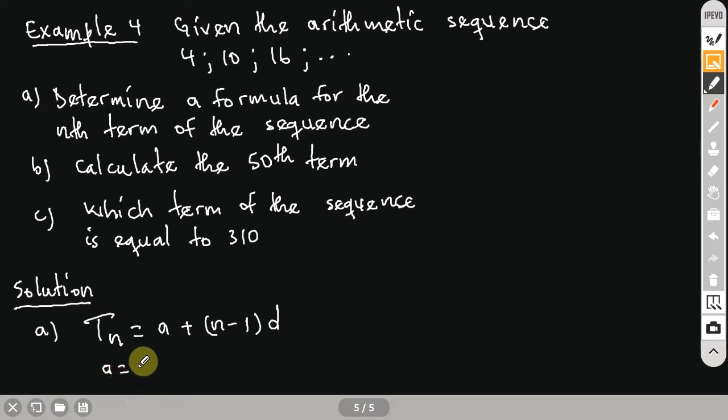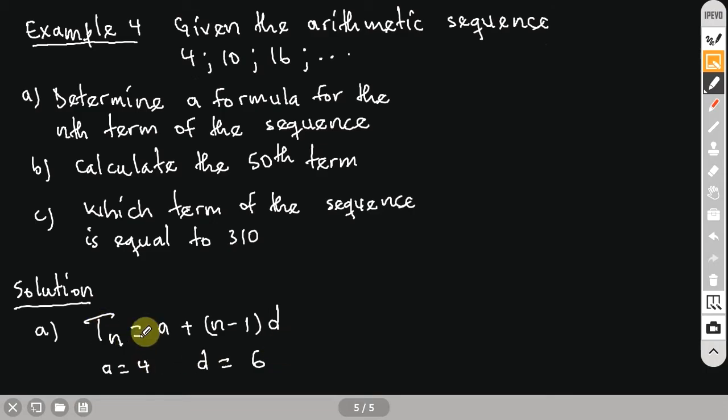To find D, we take the next term minus the previous term, that is T2 minus T1, or T3 minus T2, because it is an arithmetic sequence. So 10 minus 4 will give you 6. The same is true, 16 minus 10 will give you 6. So D is equal to 6.